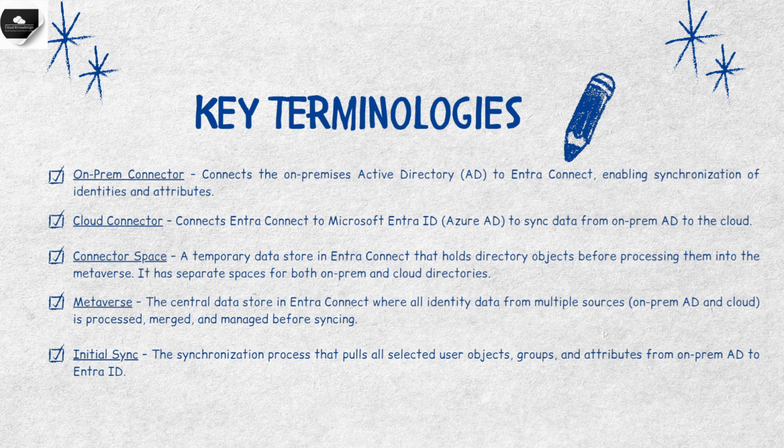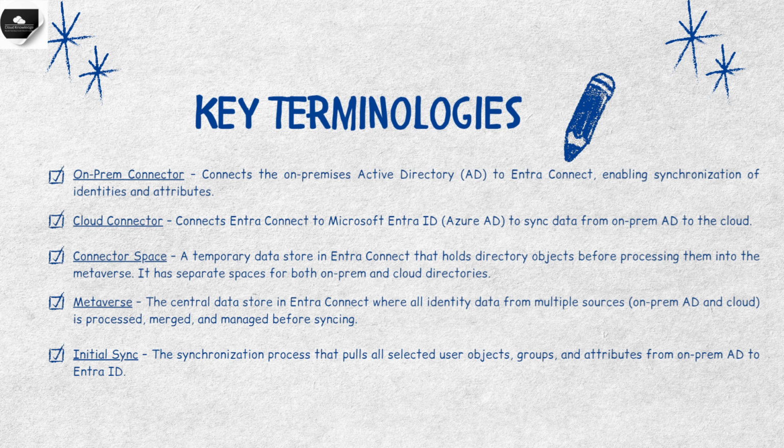When we install the agent, it creates an on-prem connector which helps us import the users from our on-prem Active Directory into the on-prem connector space that it has. So it's basically a connector which helps you connect from on-prem itself.